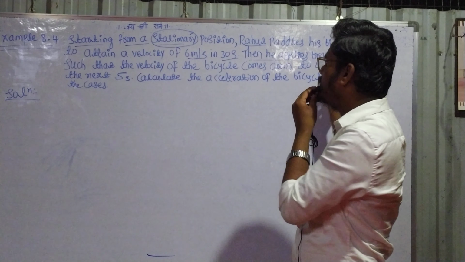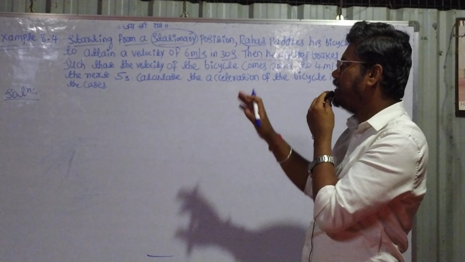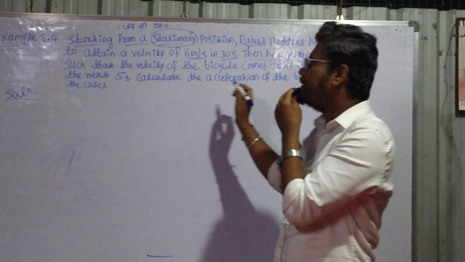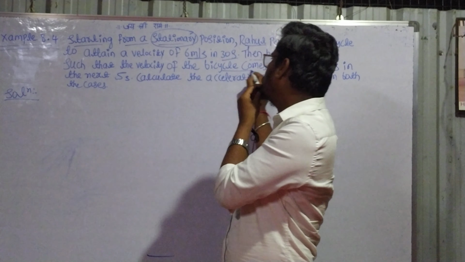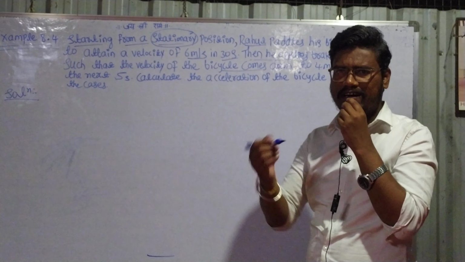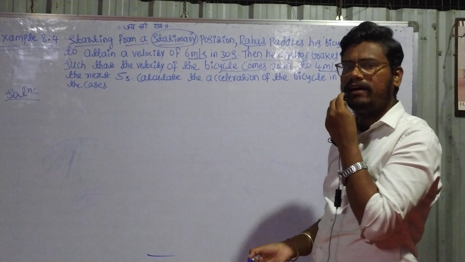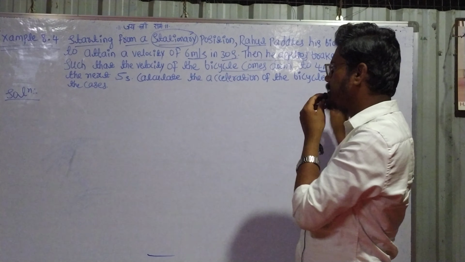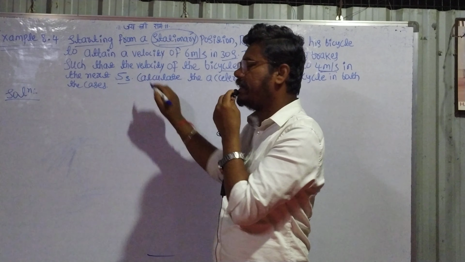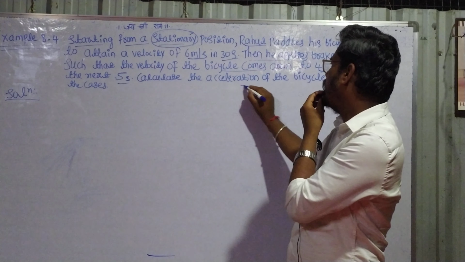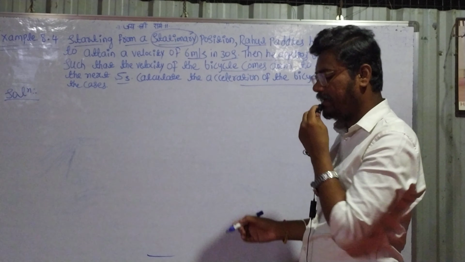Then he applied the brake. After moving in that condition, he applied the brake and the velocity of the bicycle decreases to 4 meter per second in 5 seconds. Then you have to calculate the acceleration of the bicycle in both cases.